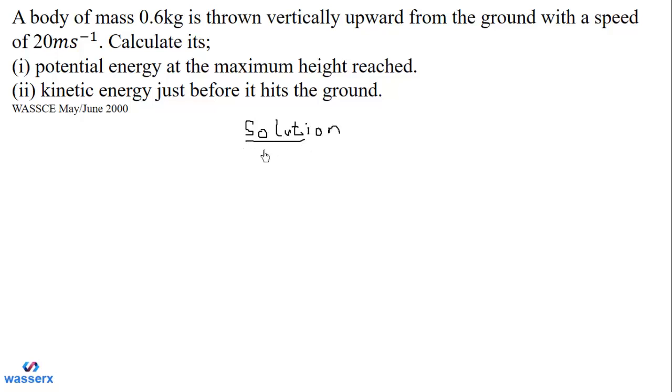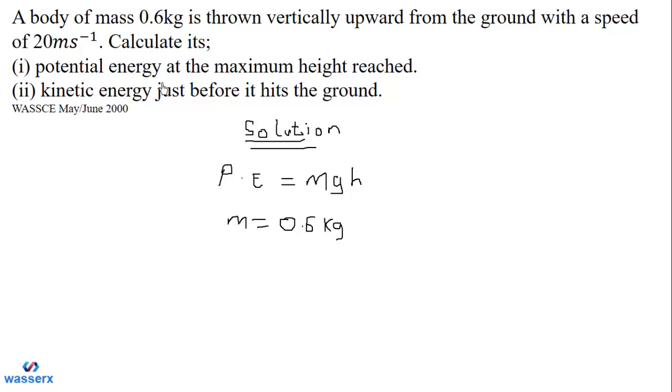So we are trying to find the potential energy at the maximum height reached. So potential energy at maximum height reached, PE, is equal to mass times acceleration due to gravity times height. And we were given the mass from the question to be 0.6 kg.